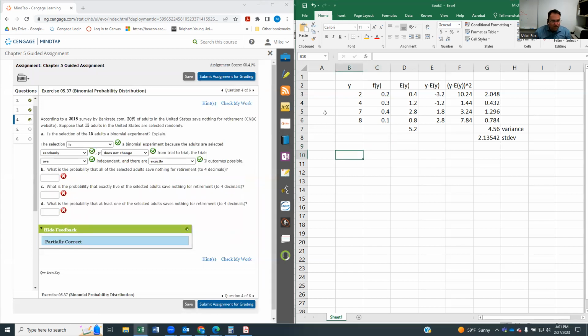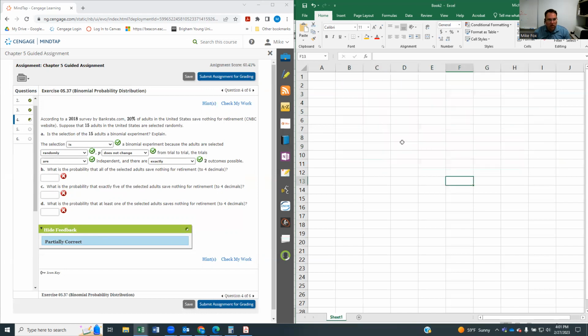In Excel, if we put in the function equals binom.dist, it will give us what it calls the arguments, or the information it's going to need to calculate the probability of a binomial distribution. In this case, it's number underscore s, which means the number of successes, and then trials, which is the number that we select.